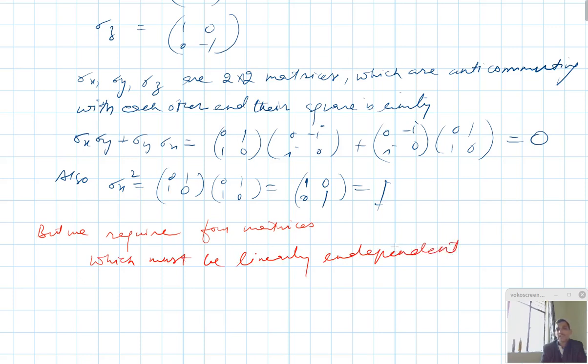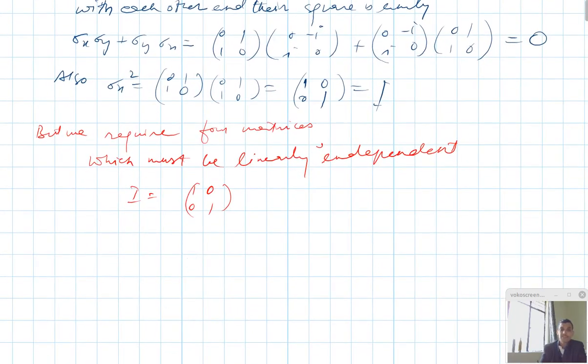If I require a linearly independent matrix, the only choice we have is 1, 0, 0, 1, the identity matrix. But it must anti-commute with the sigma i's, whereas the identity commutes with sigma i.